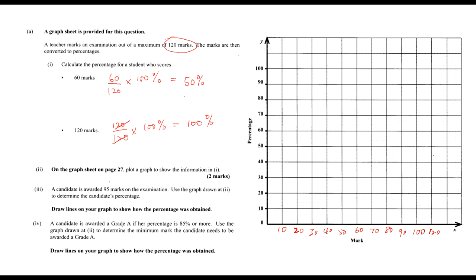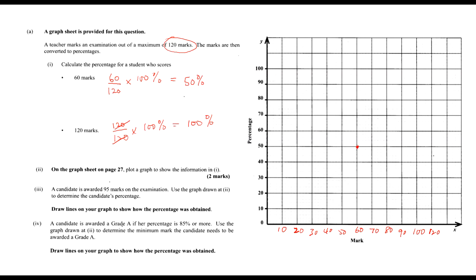Now they said to plot the graph of the information given. So we know that if we score 60, the percentage is 50, so that is this point here.